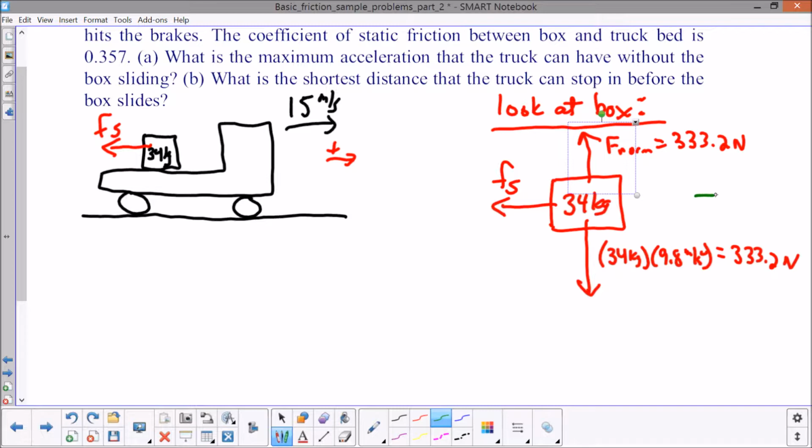So again, because I was setting this up so that the right is the positive x direction, that means that the net force acting on this box is the force of static friction, but since that's acting to the left, the net force is negative F sub s. Again, F sub s, the force of static friction, gives us how big the force of static friction is.